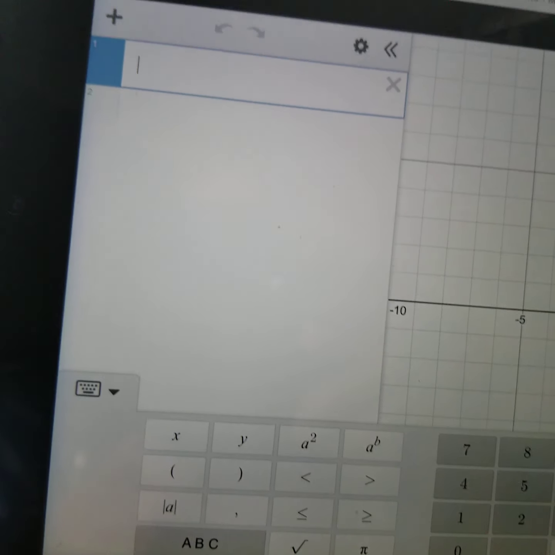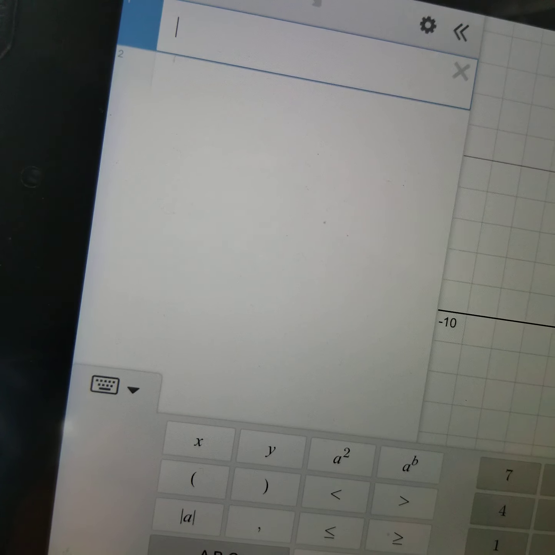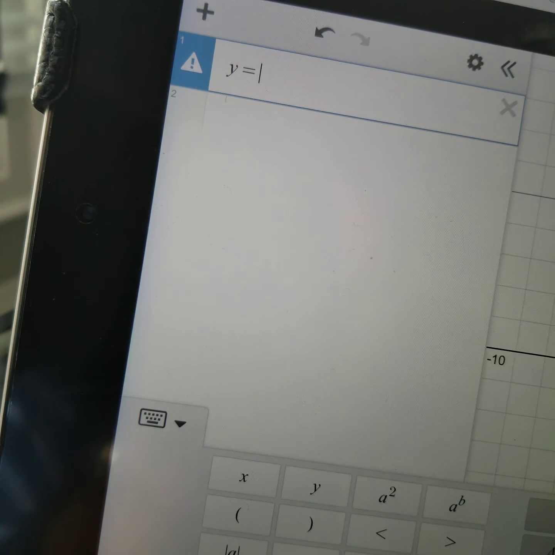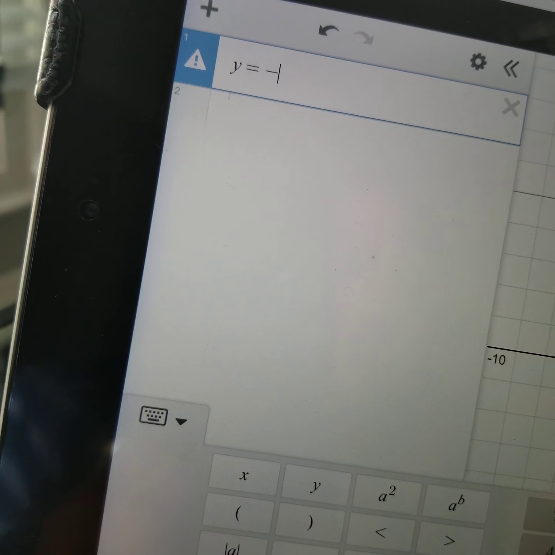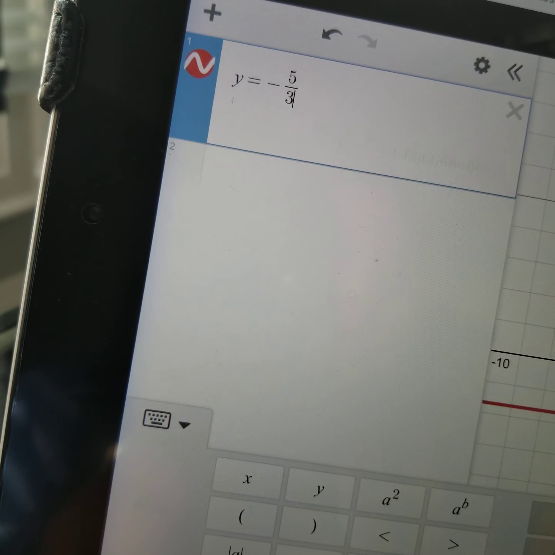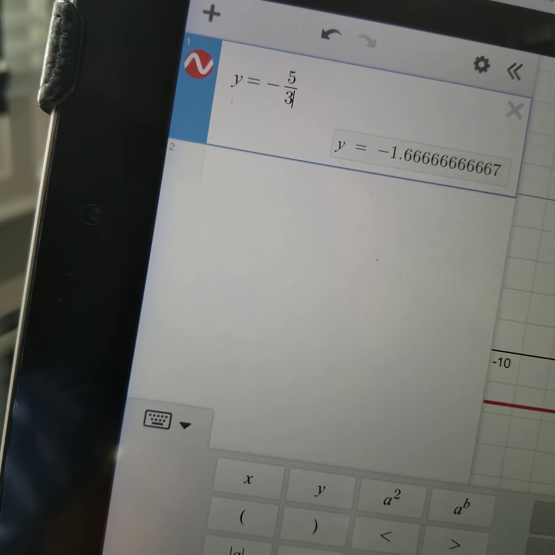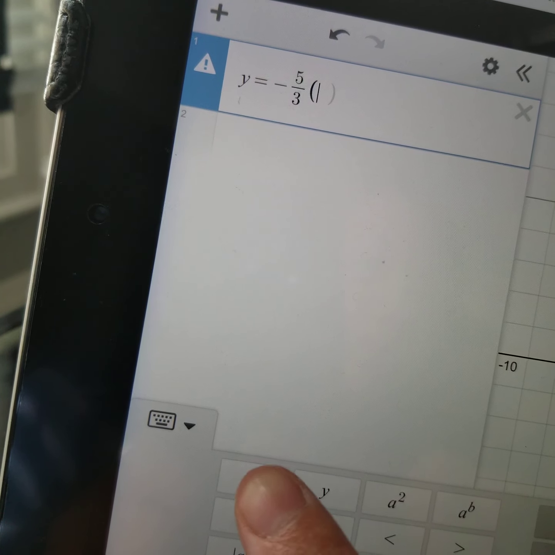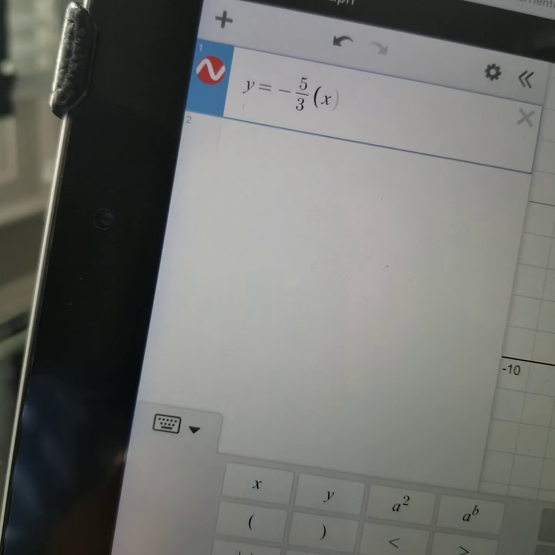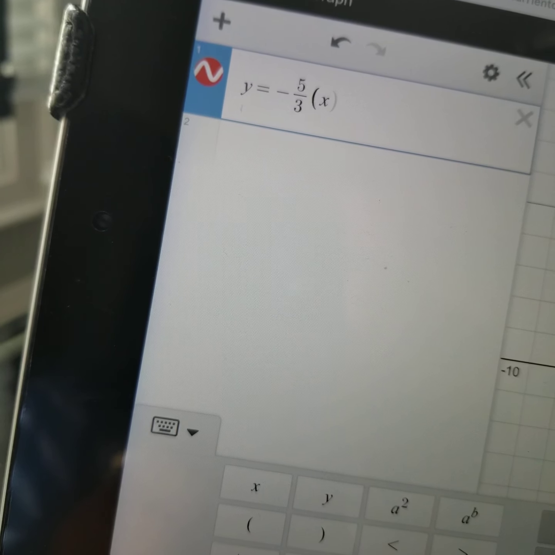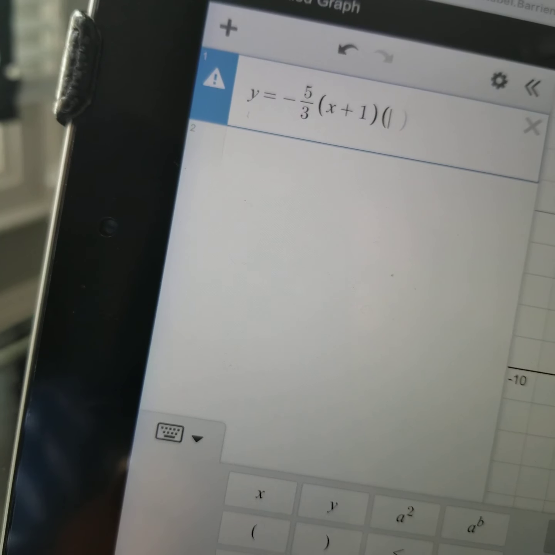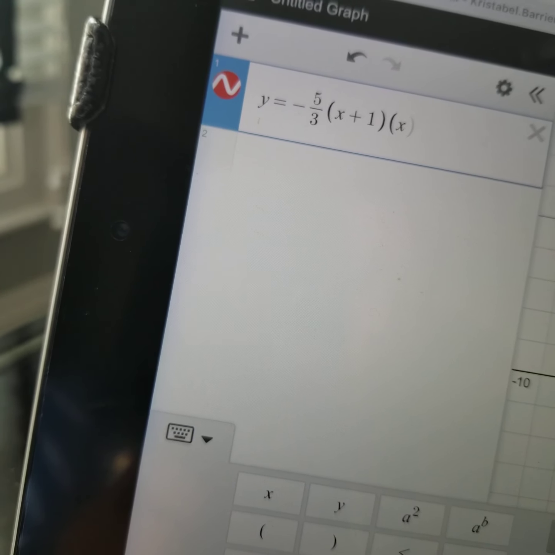Let me type in the equation that we have. This was y is equal to negative 5 divided by 3. So you get here this negative 5 over 3. In brackets, we were writing it in factored form. So this is x plus 1. And then in brackets, we would get the other x-intercept, x minus 3.